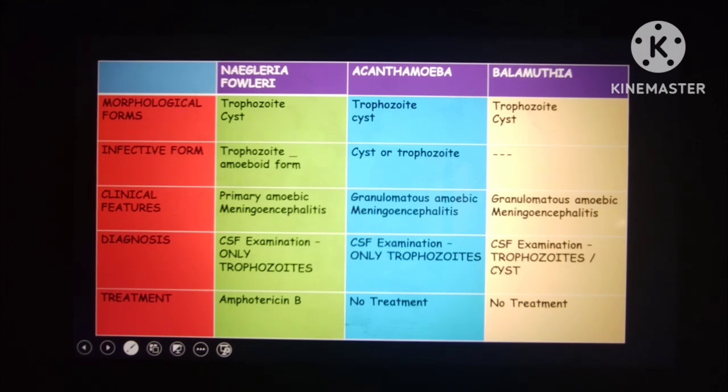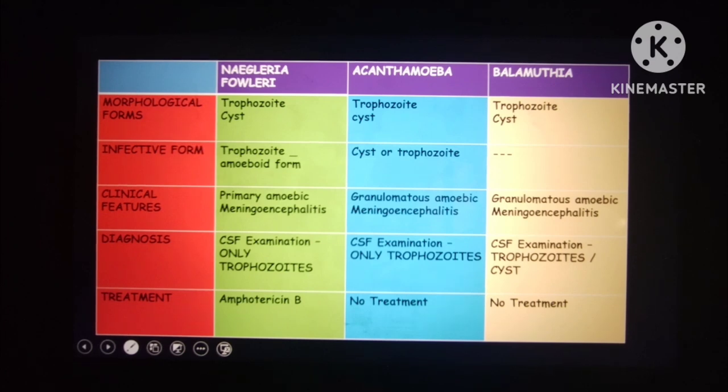So how will you diagnose this? Friends, remember that for Naegleria and Acanthamoeba you can see only the trophozoites in the CSF, whereas in Balamuthia you can make out both trophozoites and cysts. Coming to treatment, for Naegleria fowleri it is amphotericin B, and for Acanthamoeba there is mostly no treatment, but if the option of amphotericin B has been given, you can mark it.